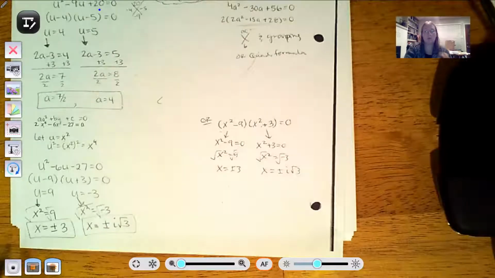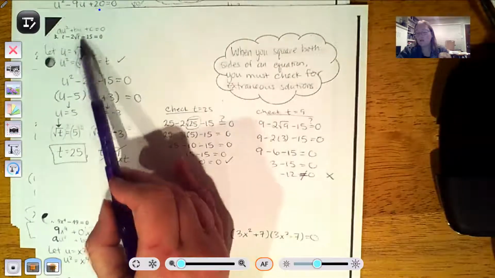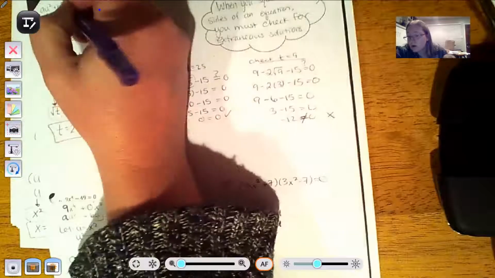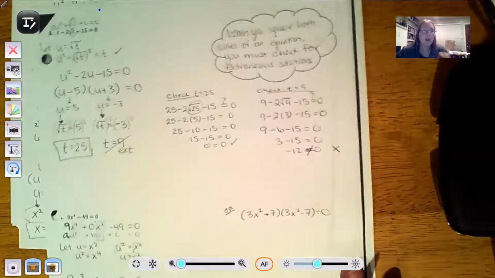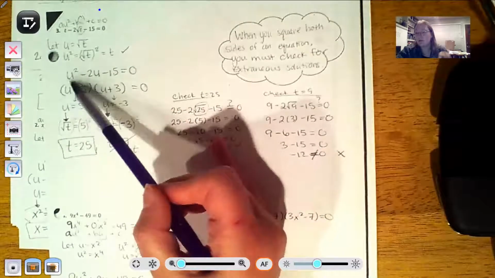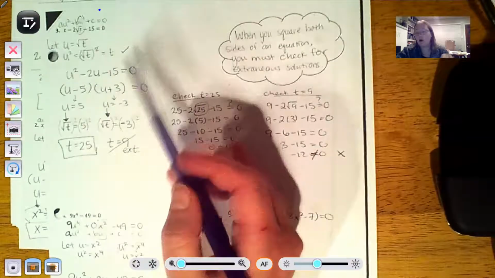So I'll project a few more just to illustrate how we determine u. Again, it's that middle term, so it's bu, so the u is the square root of t in this case. And then we just make sure that this can be written as something u squared, something u plus or minus something equals 0.